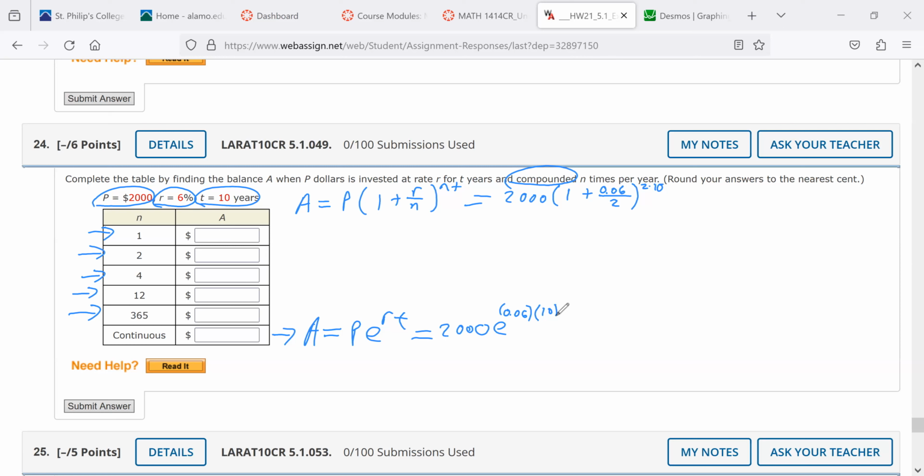It's pretty straightforward, right? It's not too crazy. You'll need a scientific calculator to get this. I don't have one on me right now. But that's pretty much it.